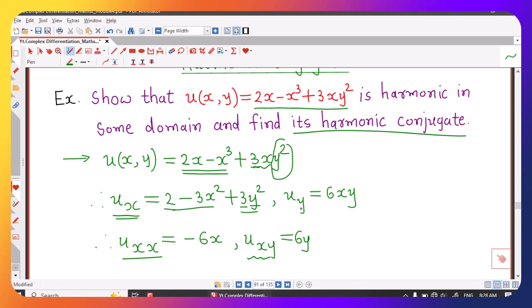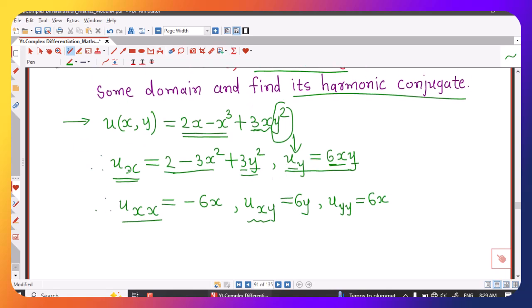This we can obtain from this also by differentiating del u by del y with respect to x. If we differentiate this with respect to x, 6y is constant and derivative of x is 1, so we get the same answer. And we require del square u by del y square, that is derivative of this with respect to y. So 6x becomes constant and derivative of y is 1.